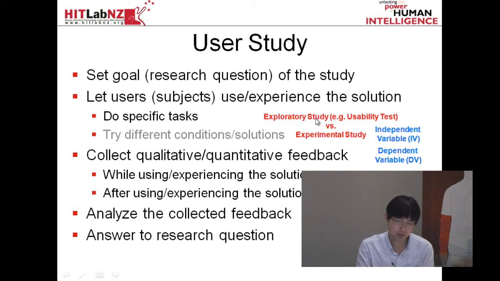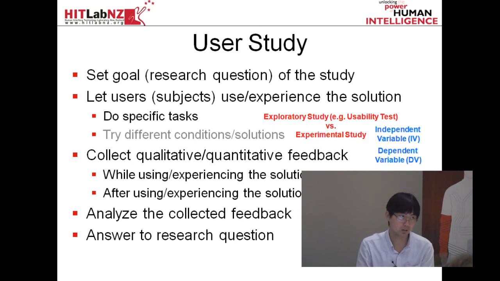Exploratory studies usually involve only one type of interface, so you are trying to discover and understand more about that specific interface. Compared to that, an experimental study tries to compare between different interfaces.